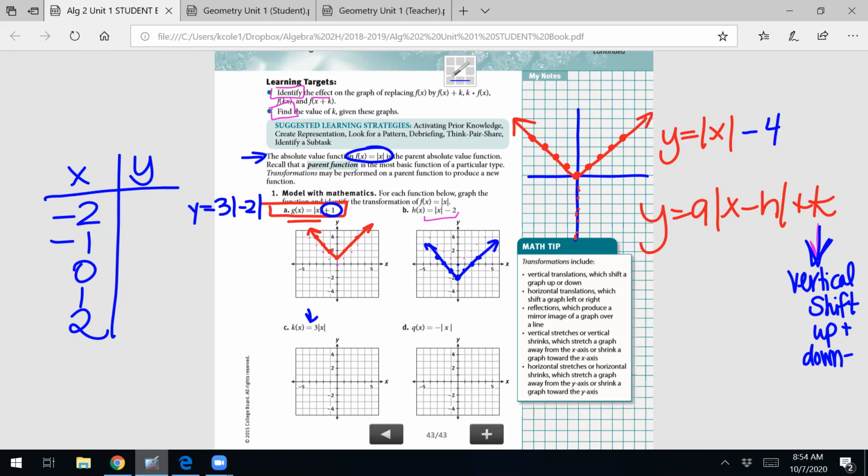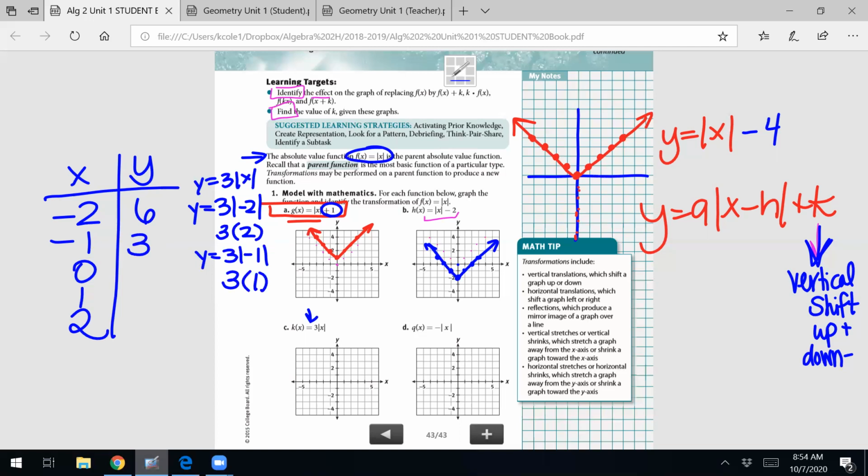What's the absolute value of -2? 2. What's 2 times 3? So this is 6. Your ordered pair is -2, 6. This time I'm plugging in -1. The absolute value of -1 is 1. Outside of the absolute values, those are gone now. 3 times 1 is 3. Plug in 0.